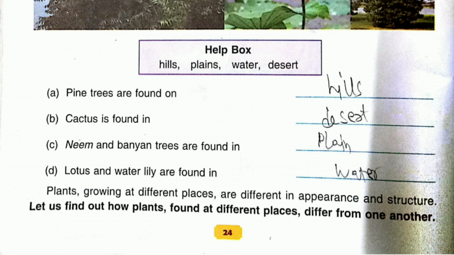Then cactus is found in, yes, you are right, it is desert. Then neem and banyan trees are found in, yes, it is plains. Then lotus and water lily are found in, yes, exactly, it is water. So do it in your copy and complete your homework by doing this.